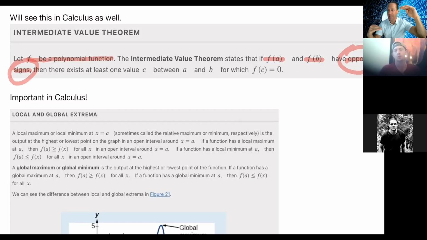What value had to hit if it's a polynomial function, which we said is smooth and continuous? 0. Very good.